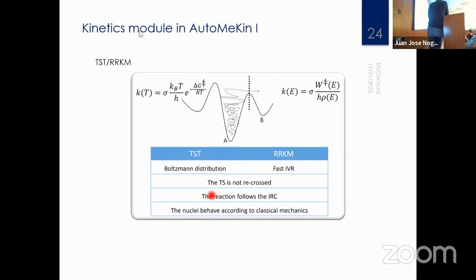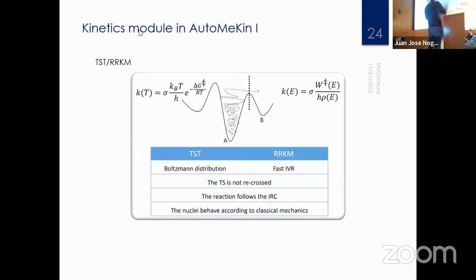And the reaction follows the IRC. This is not true in some cases. I'm sure you have heard of bifurcations of the reaction path, for instance. This happens in organic chemistry many times.